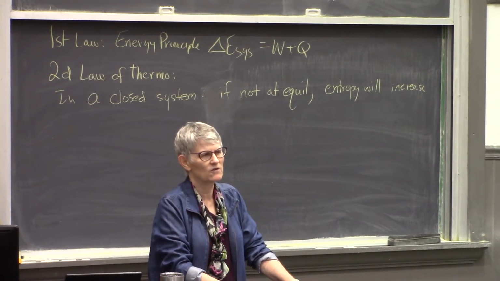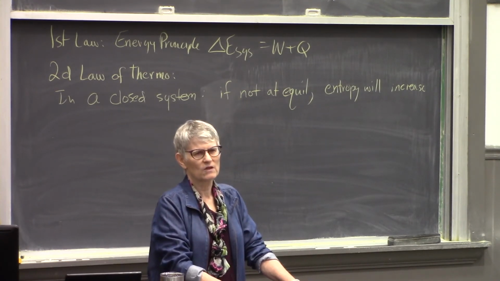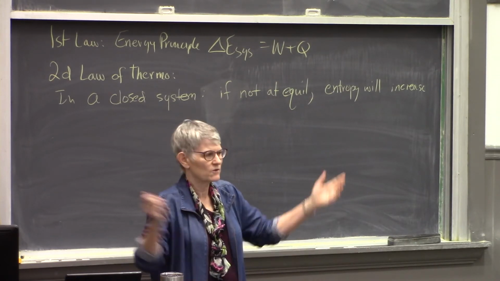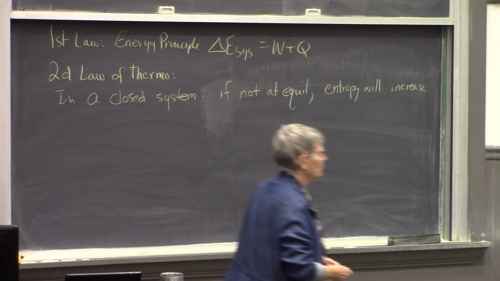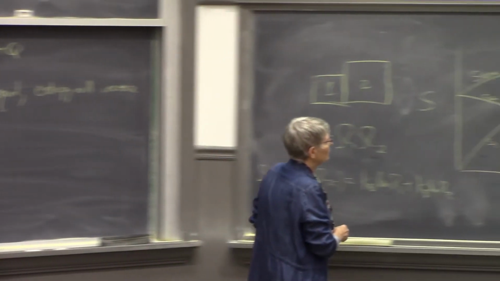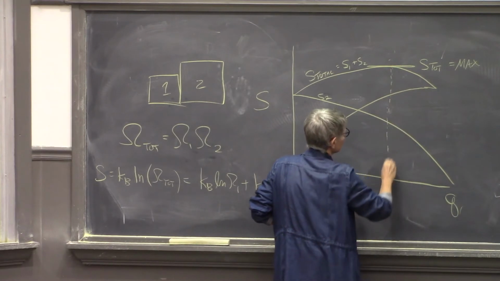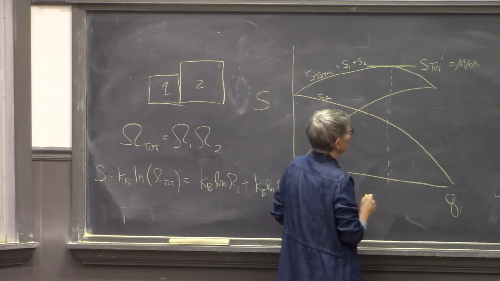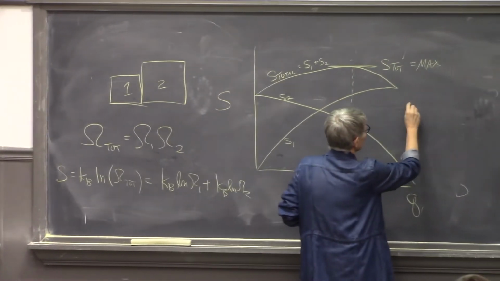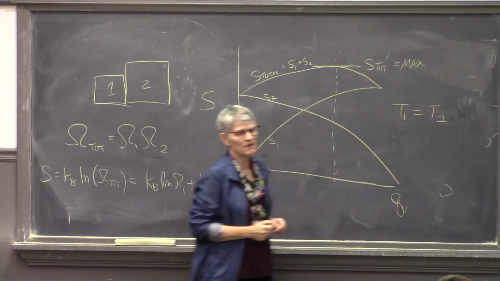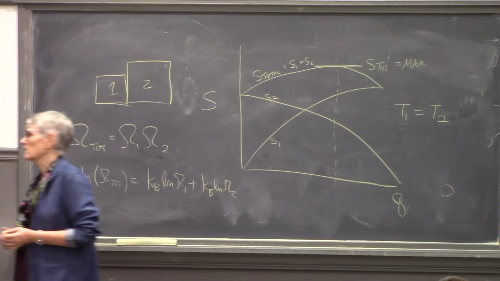Was it the amount of energy inside the blocks, the internal energy? Now, what was the same in the two blocks? The temperature. So it must be the case that at this most probable situation, the temperature of block 1 has to equal the temperature of block 2.